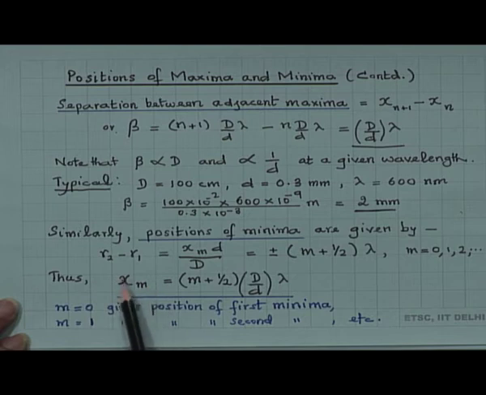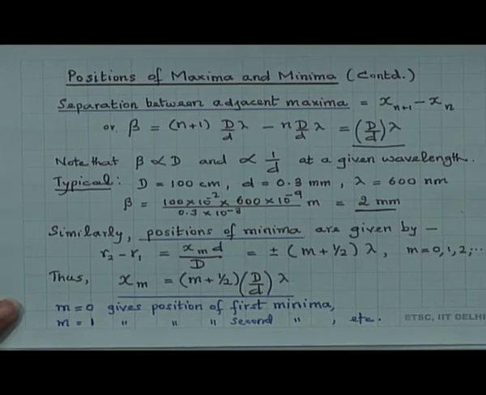Thus, x_m, that is the position of the minima, is given by (m plus half) D by d into lambda. There is no central minima because the 0th order is maxima, as we have just seen.